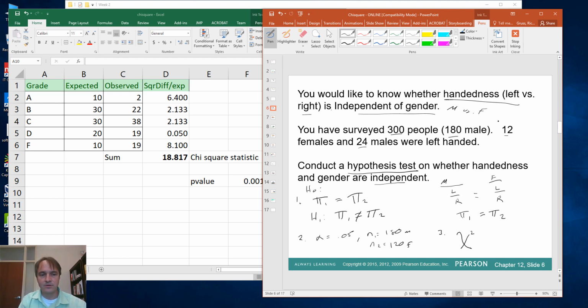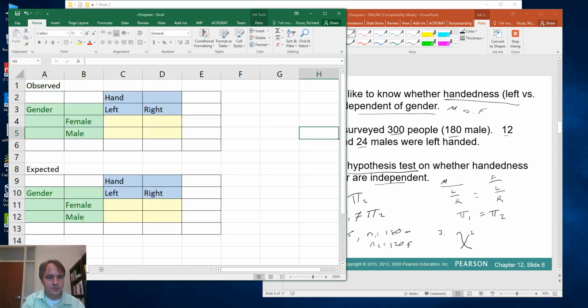Let's go ahead and start setting up the expected versus the observed for this particular case. What I like to do is set up these two different tables. So I've got gender here on the left, female, male, and the hand, left and right.